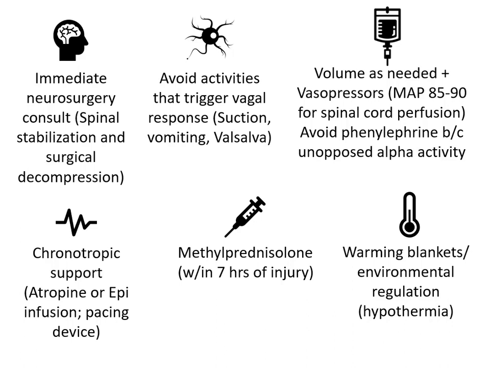It's important to avoid phenylephrine because of unopposed alpha activity. Chronotropic support is provided by atropine or epinephrine infusion and potentially a pacing device. Methylprednisolone is helpful if given within 7 hours of injury. Finally, warming blankets and environmental regulation is helpful for hypothermia.